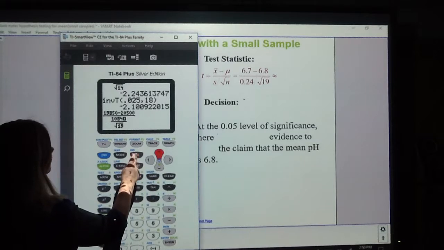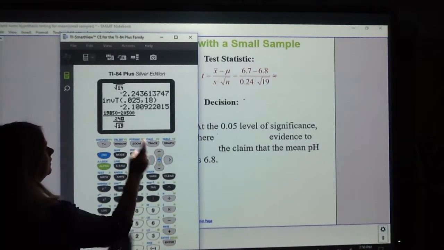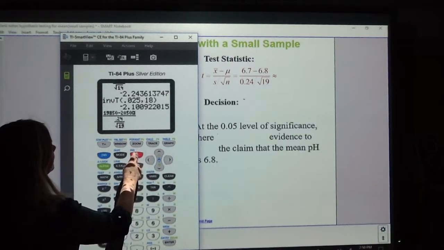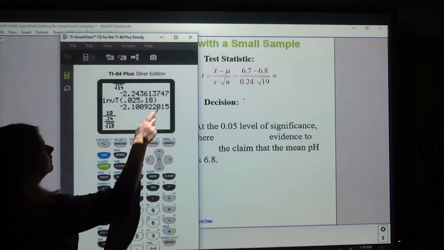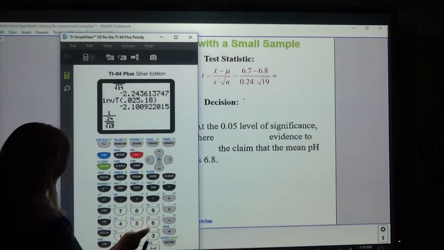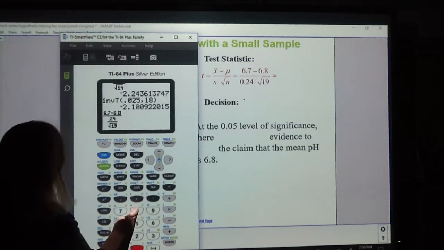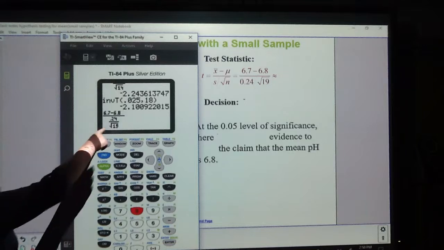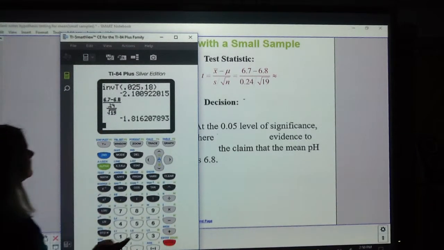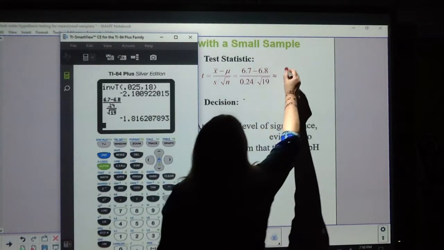Up here I have 0.24. And then I have 6.7 minus 6.8 divided by 0.24 divided by square root of 19. And I get negative 1.82 about.